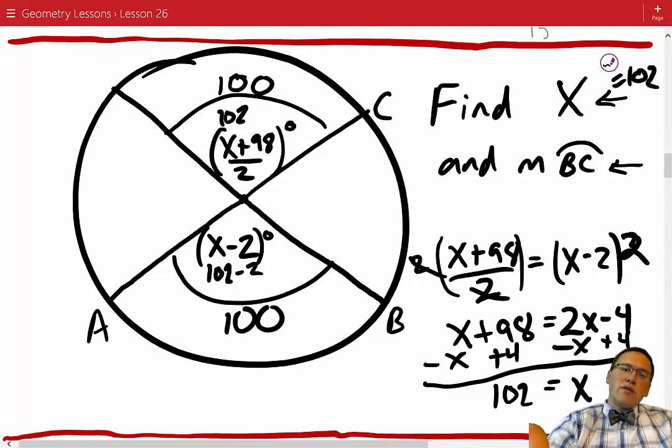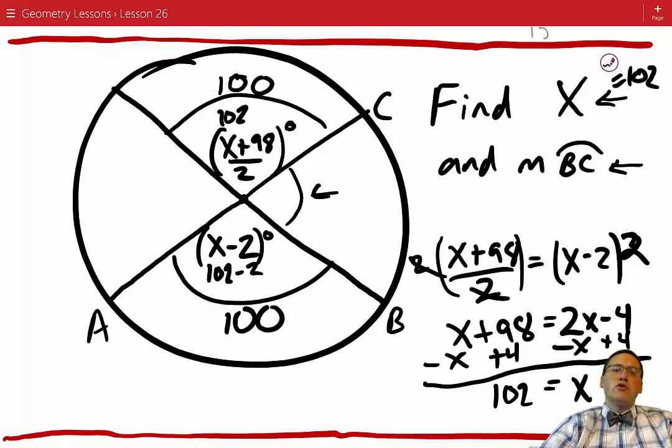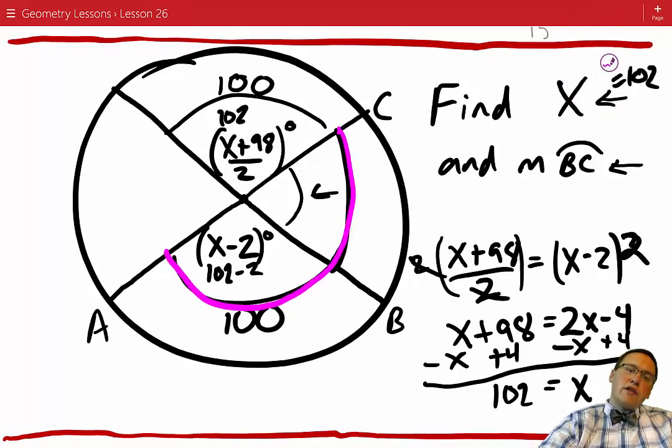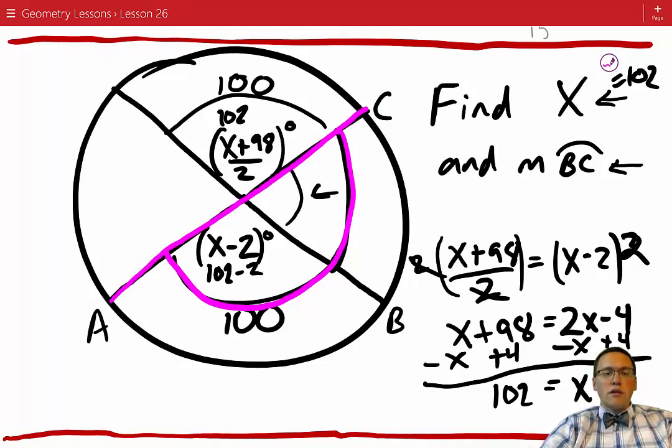The measure of BC, well, you might be saying, I don't know what this central angle is. Well, together with that angle and the angle next to it, those two angles make up a linear pair. They are 180 degrees together, which you could also tell by this being a semicircle.